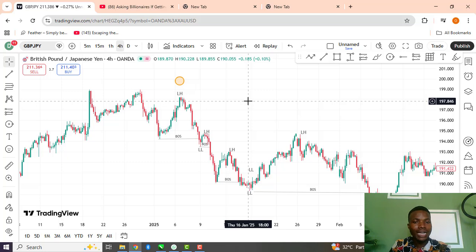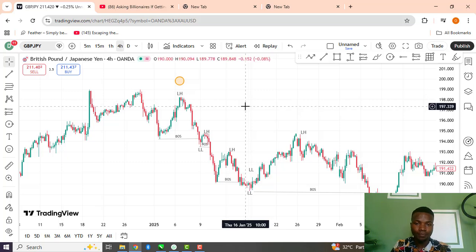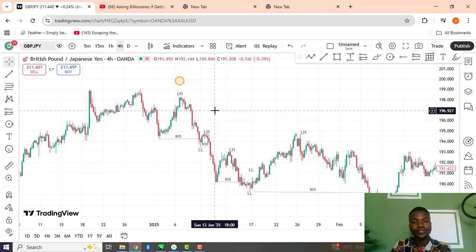You must understand how to mark out your break of structure, and know how to do it during the uptrend and downtrend. So right now, since we have marked out our break of structure to the upside and to the downside, let us delve right into following the imprint of price.